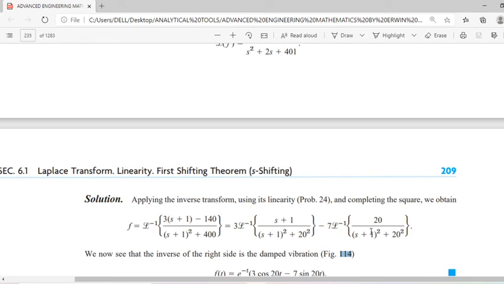See, you have to use your brain, not just formulas. Modify according to the need.